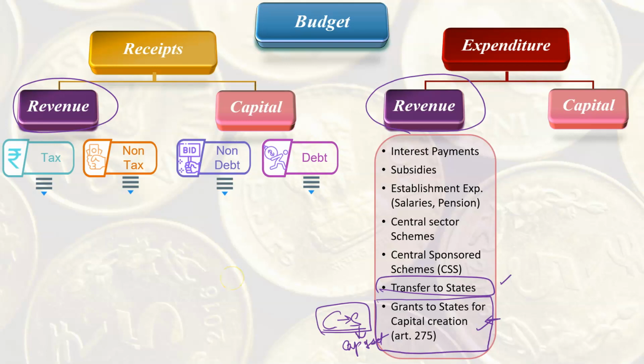So Finance Minister Pranab Mukherjee came up with this figure or definition called effective revenue deficit, where from the revenue deficit you reduce these grants to states for capital creation. You remove these grants to states from revenue deficit and you get what is called effective revenue deficit. However, we are not following it up with any targets, so it's just a matter of convention that this is reported.